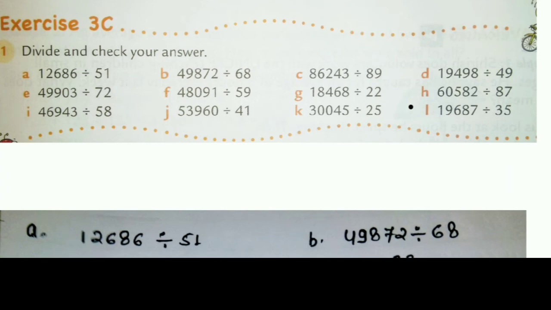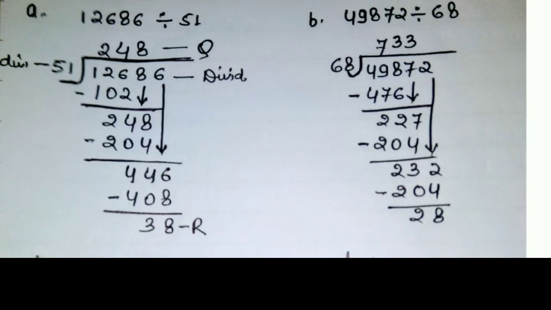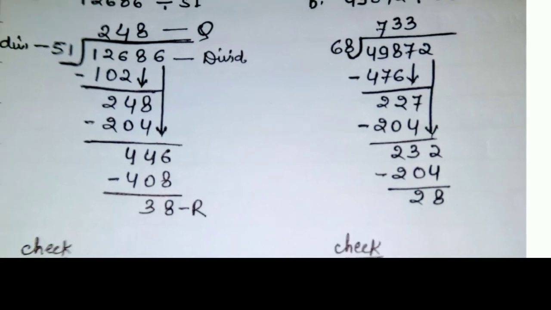Exercise 3C. Divide and check your answer. See the first one, that is 12,686 divided by 51. Clear? So in this one, do one thing. First we can write the 51 table on one side, or you can multiply according to your number.